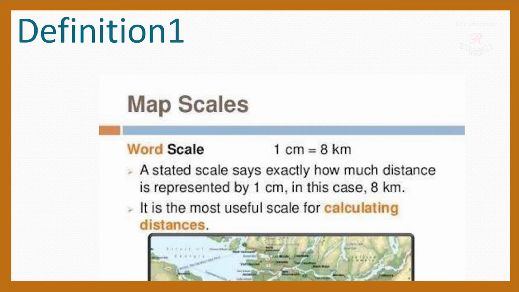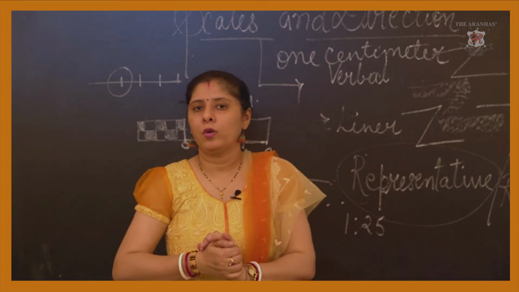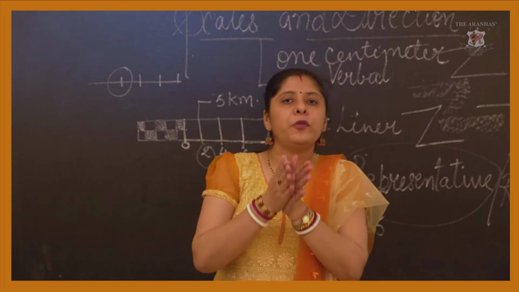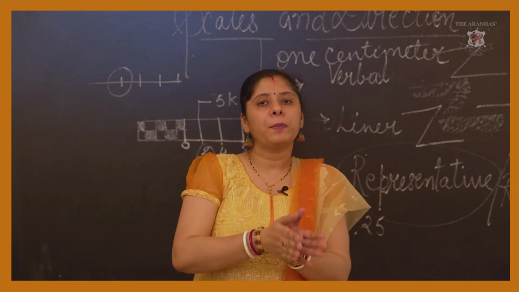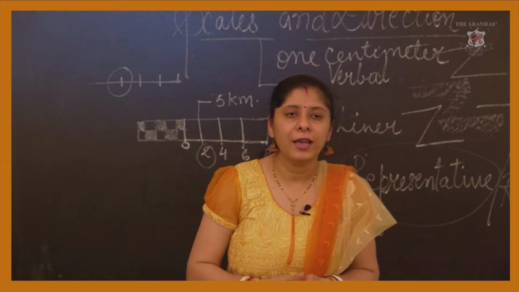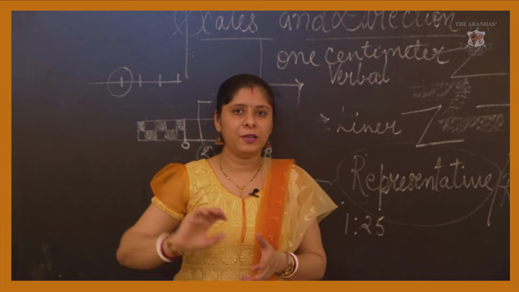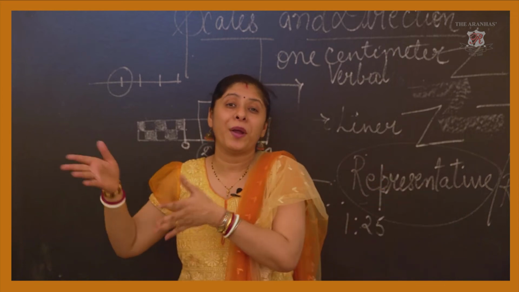Here one example is given, 8 kilometers. It is the most useful scale for calculating distance. Suppose you all stay at your own apartments, right? If you start calculating from your apartment to the school, the best way is that we hire Ola and Uber cabs. In that it is written 8 kilometers to a particular distance or 10 kilometers, we are reaching in so and so time.